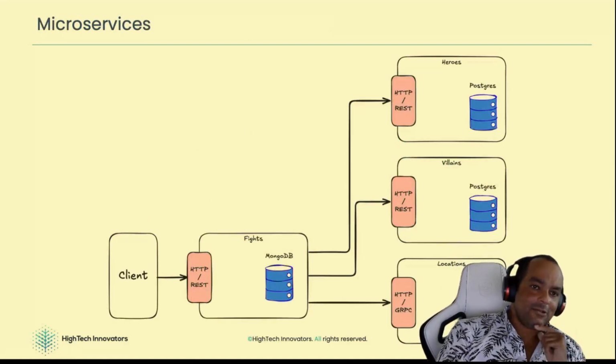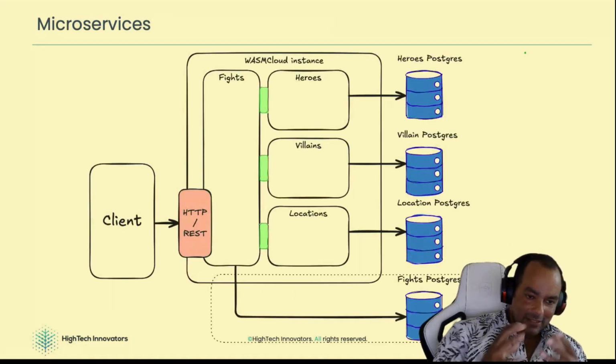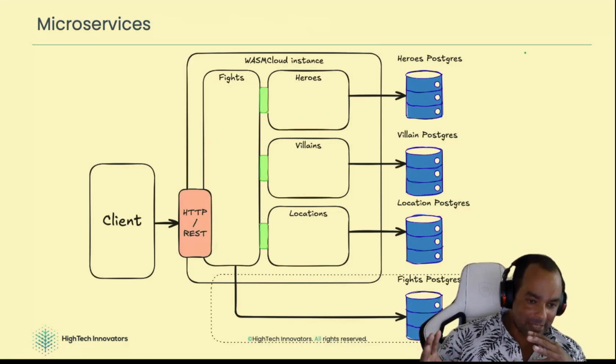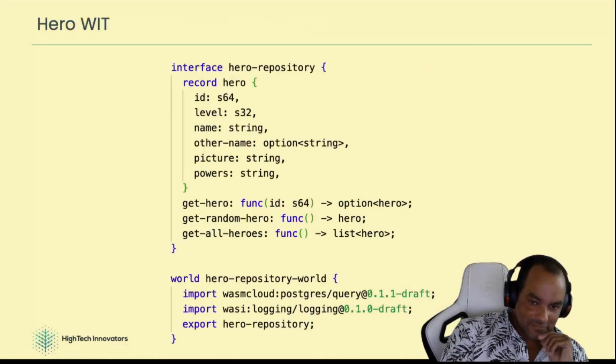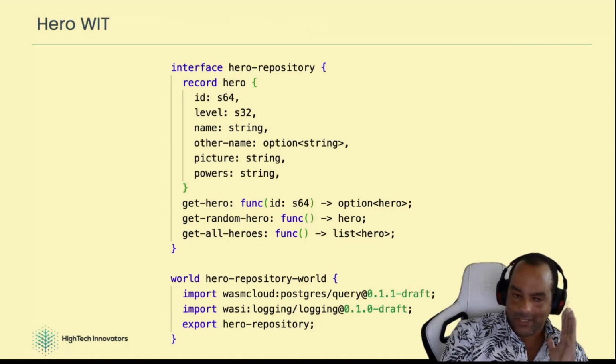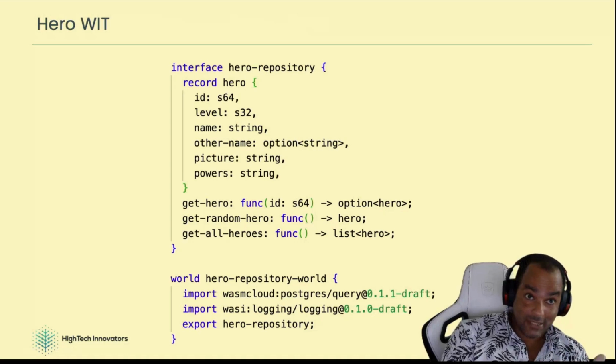Maybe we can do something like this, that we create a special API from the services, and we can use the component model to assemble them together. So if we would implement that idea, it would look something like this. If we have a place where we can query the heroes, which was an HTTP JSON service before, we can say we make an interface.